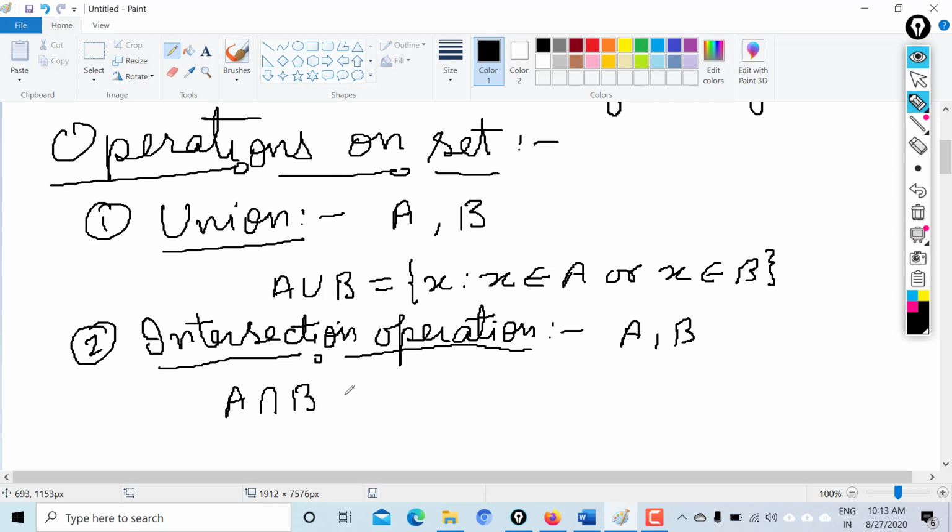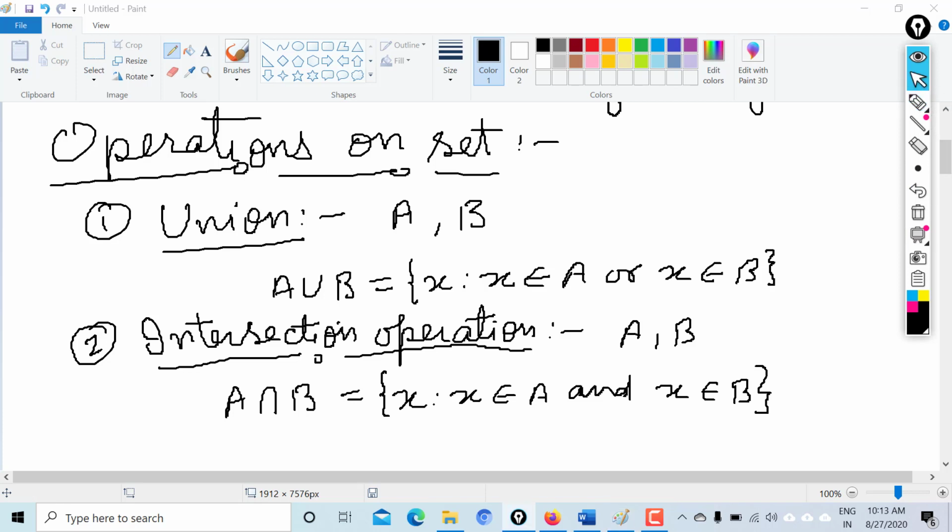A intersection B equals the set of X such that X belongs to A and X belongs to B. That means X belongs to both A and B. In that case, we say that it is the intersection operation.